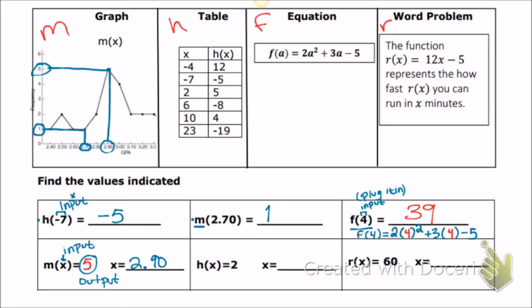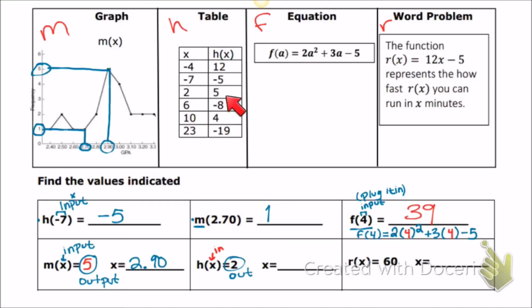We're going to be using the table again. This is the input, this right here is the output, okay? So we have the output, we need to find the input. H of X is where we're going to find the outputs. So we need to go down to where we find 2. Wait, we don't have a 2 over here, okay?